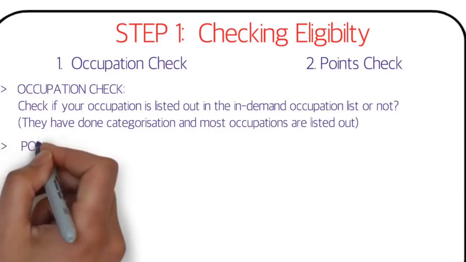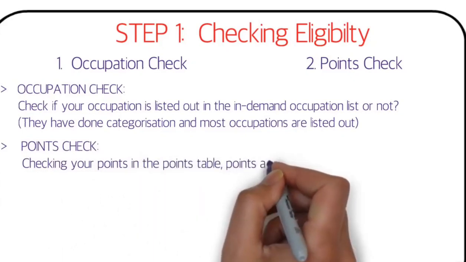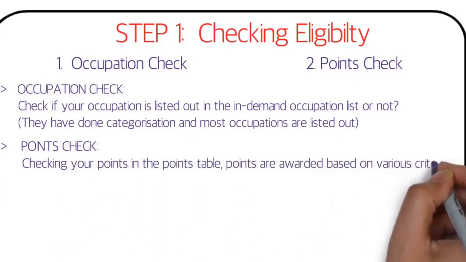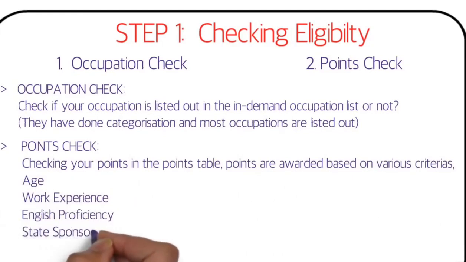The number 2 is points check. Now you have to check your points in the points table. Points are awarded based on various criteria like age, your work experience, your English proficiency, the state sponsorship or other factors as well. So you have to calculate your points and you have to check your occupation in the in-demand occupation list, whether it is there or not.